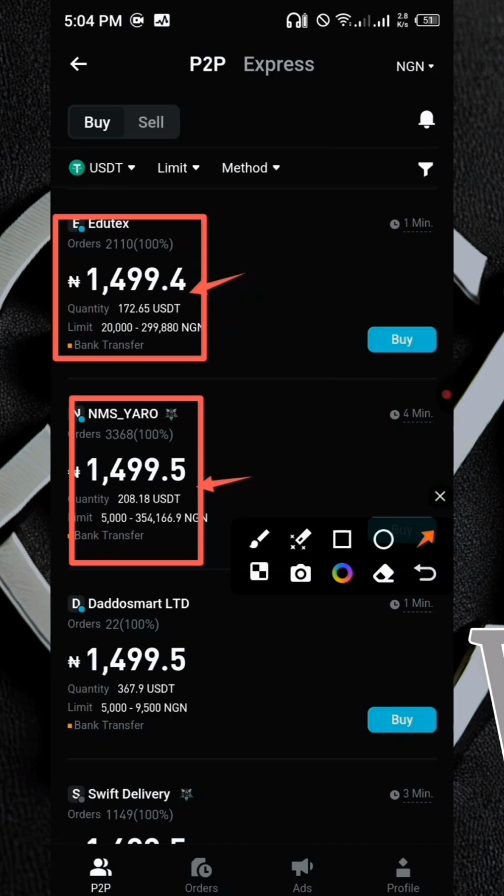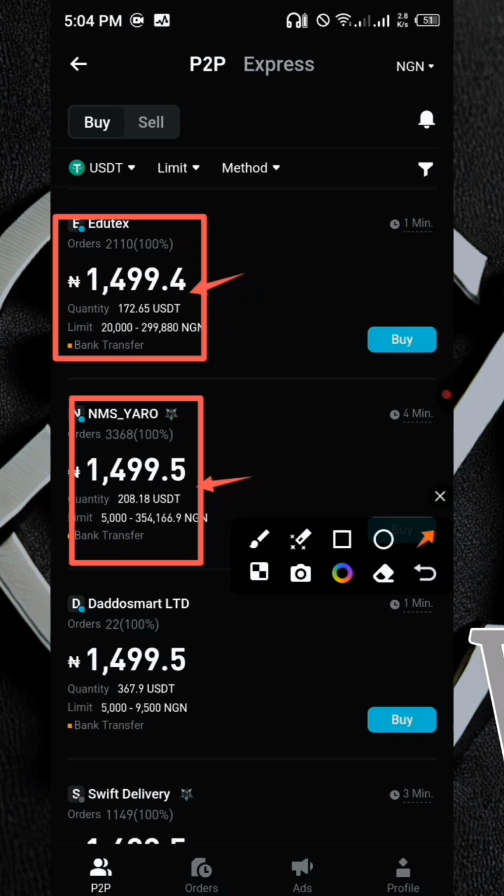So you can also come to the buy section and create an ad to sell your USDT at this place where people come to buy USDT, so you become a merchant such as these guys over here too, and then people will be coming over here to buy USDT from you that you have already gotten at a cheap rate. So that's the idea of this process.